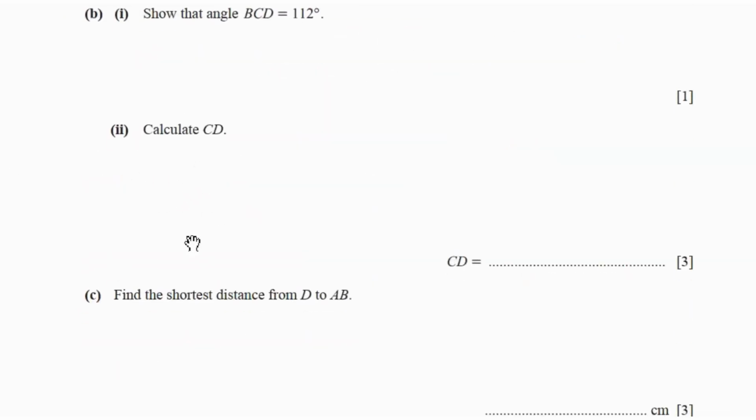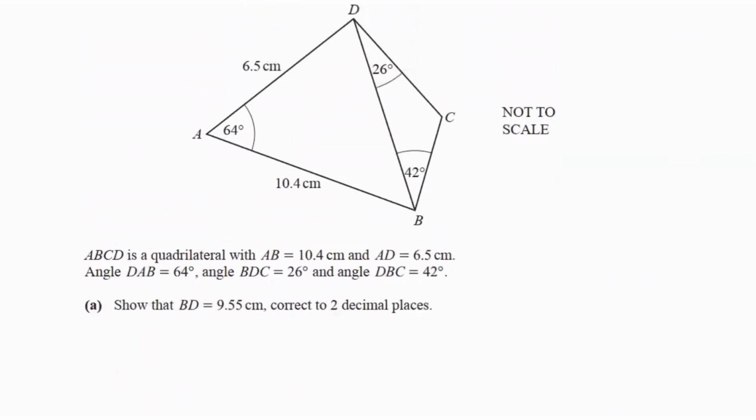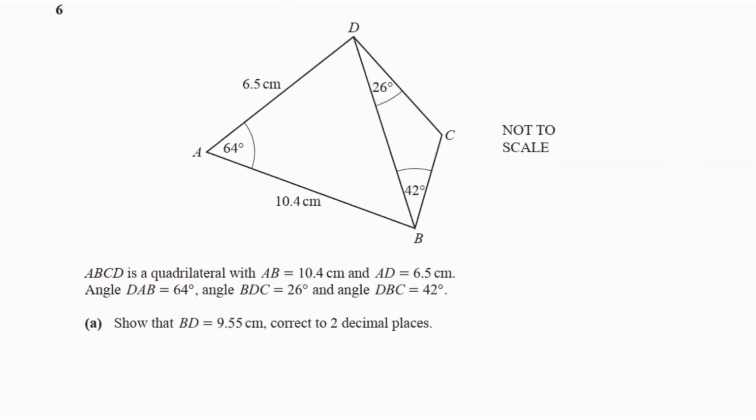Then it's asking us to calculate CD. This we know is 112. This we know is 9.55. We have to calculate this. So in this case, we'll use the sine rule because we have one complete set of angle and length, which is angle C and length of BD. We have angle B and we have to find DC.